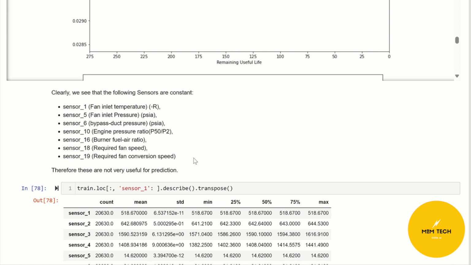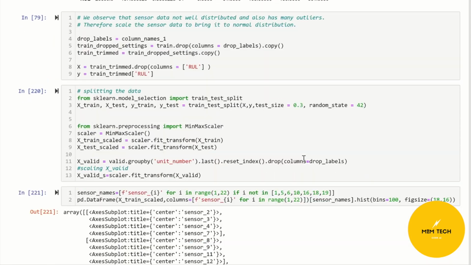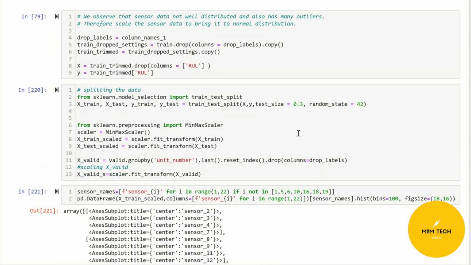So how is this useful for us right now? Because they are not showing any changes in their readings, it means that they are not useful for us when predicting our remaining useful life. And as we have seen earlier, the sensor data is not very well distributed and also has many outliers.